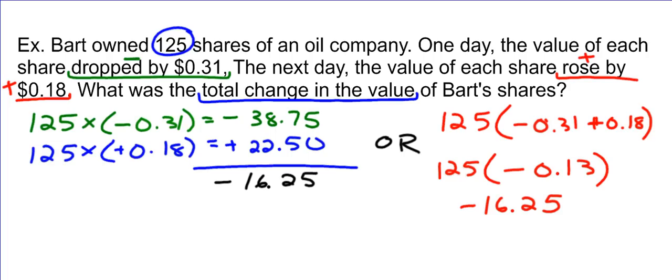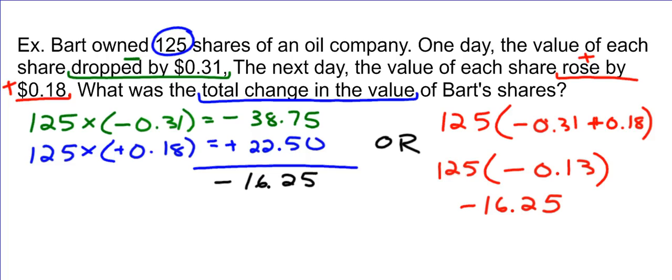All right, so here are both solutions. If you look at the solution on the left, we did 125 shares times negative 31 cents, and so they get multiplied. On day 1, he lost $38.75, so negative $38.75. On the second day, he gained 18 cents, so 125 times positive 0.18 to earn $22.50.